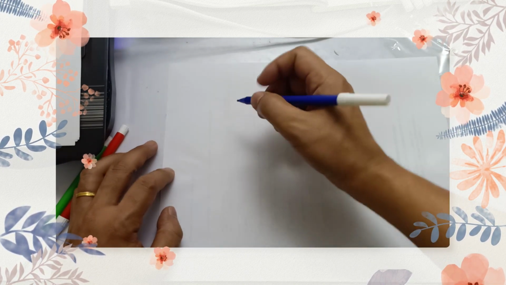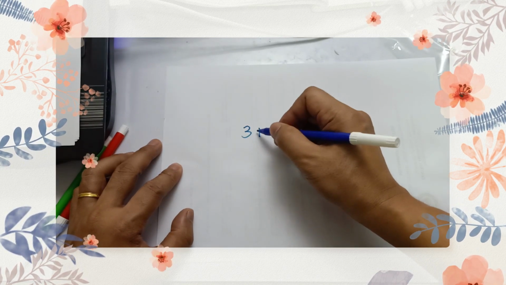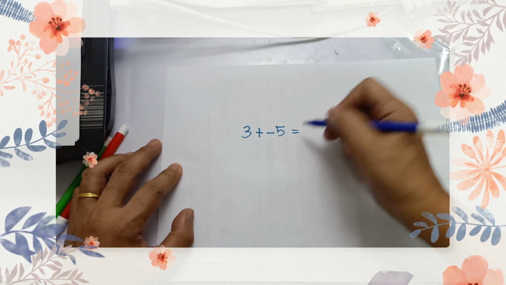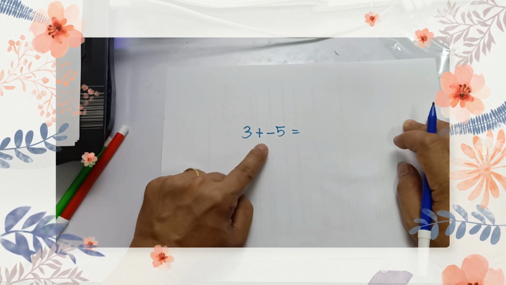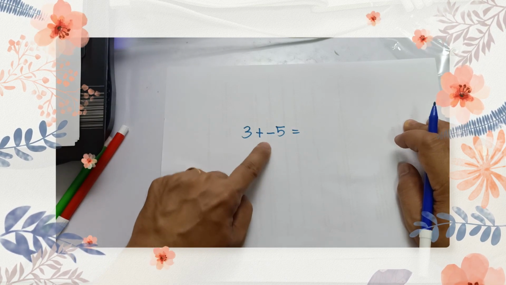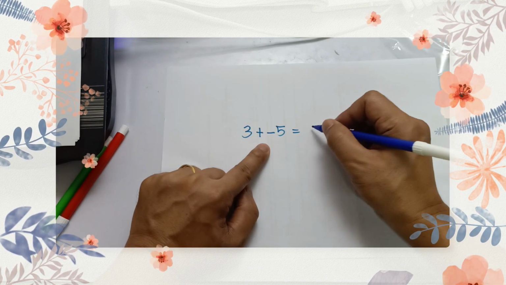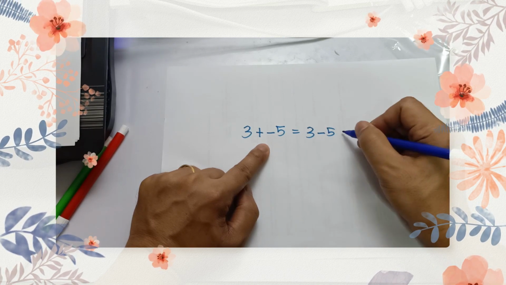For example, if you have 3 plus minus 5, remember the rules. Different signs appear next to each other, so the answer is always negative. Therefore you will have 3 minus 5.